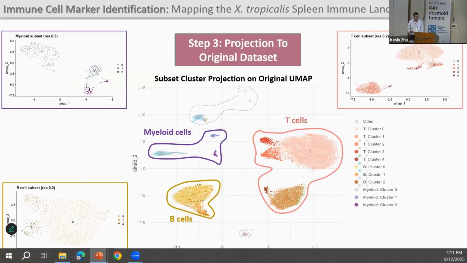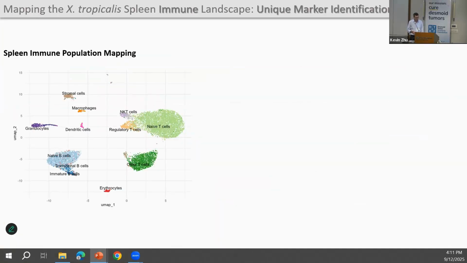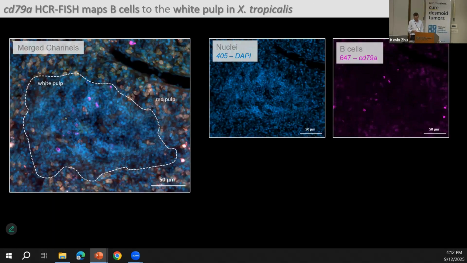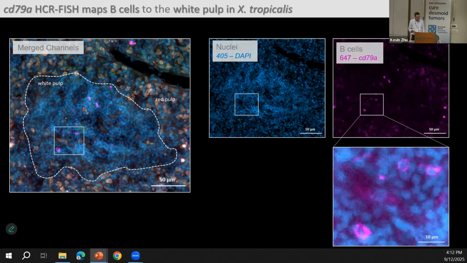By this way, we could annotate different identities to the different UMAP clouds, which allows us to find gene signatures that we can now use for going back to the tumor and to see if macrophages are there, T cells, B cells, and so on and so forth. That is just showing one of the probes that we characterized here in the white pulp of the spleen, the marker for the B cells.